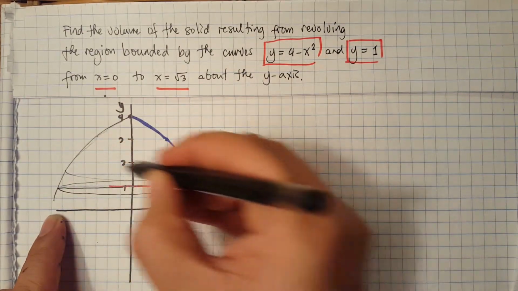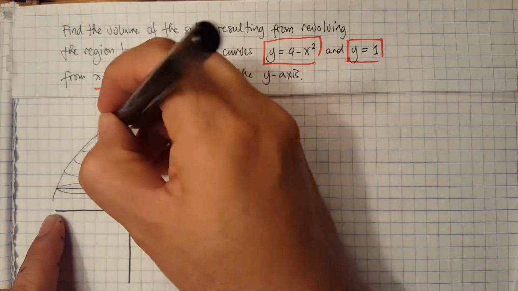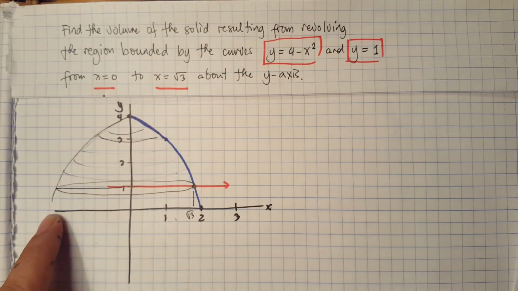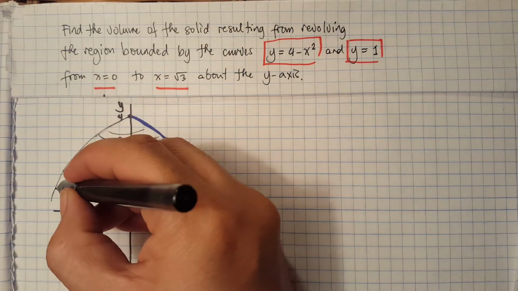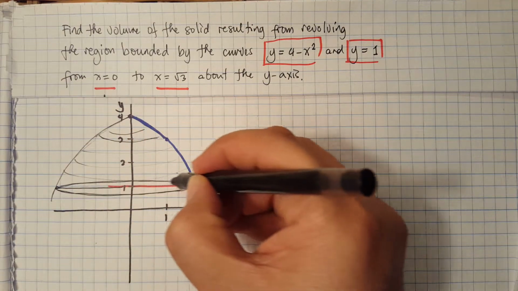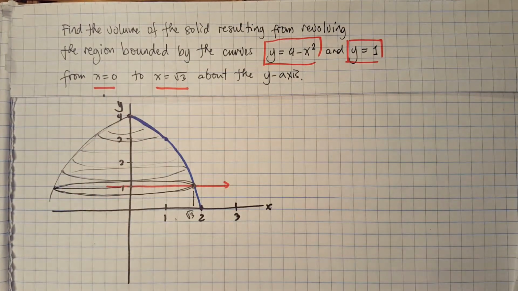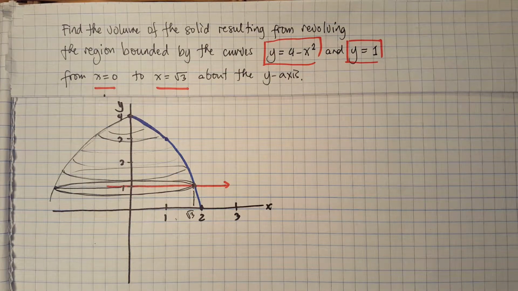So the region should look something like this. I hope you can imagine that. So what is the volume of that? It's only up to here. We have some sort of a dome here. We're trying to figure out the volume of this.